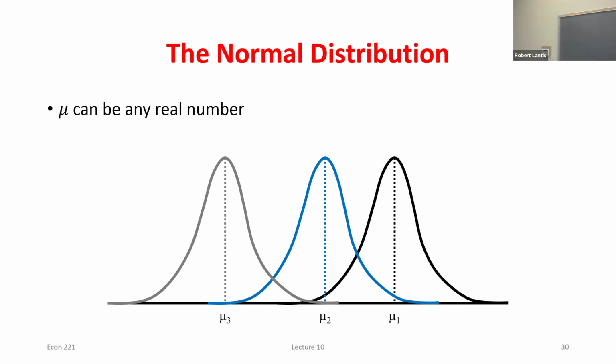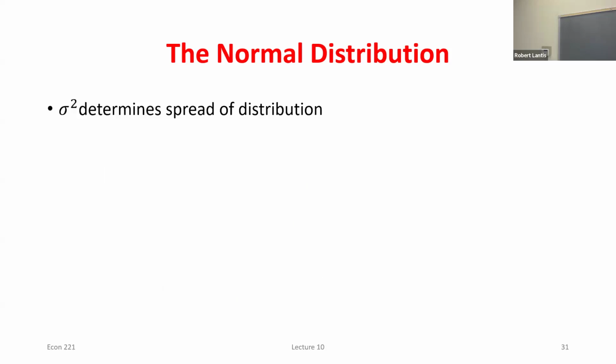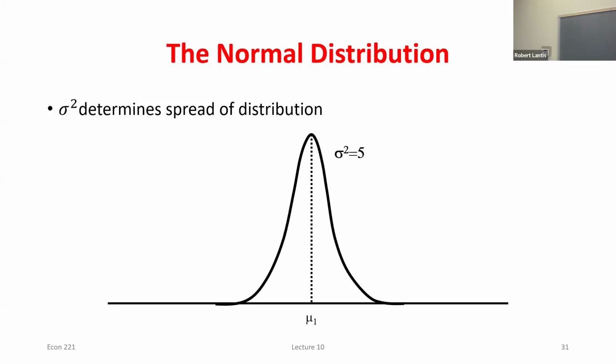So here I've got 3 normal distributions, but if they have higher means, it's just going to shift them along the x-axis. They're also defined by the variance or the standard deviation. So here's maybe a normal distribution that has a variance of 5. What happens if the variance gets higher? What's going to happen to the shape of this distribution?